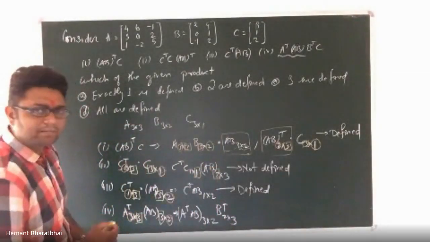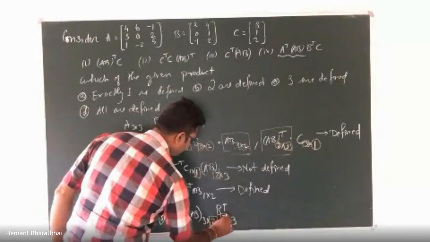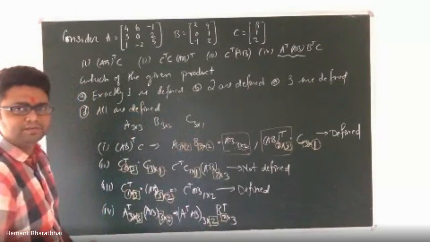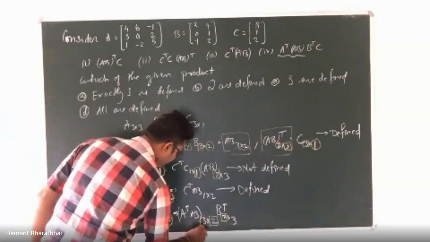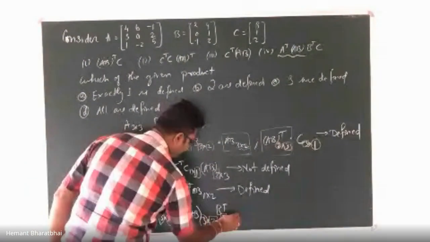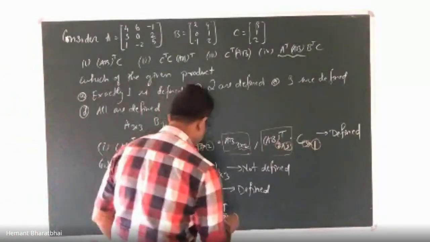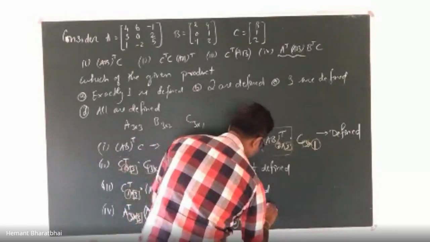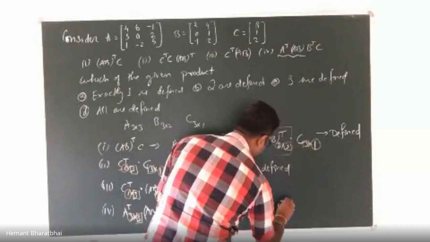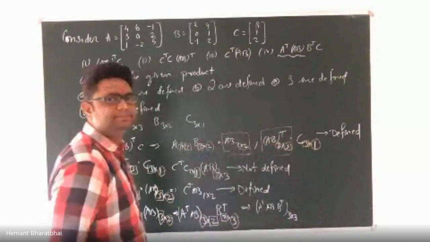So the number of columns of first should be equal to number of rows of second. Yes, here also 2, here also 2. So the resultant matrix will have an order of 3 by 3. So this product A transpose into AB into B transpose will have an order of 3 by 3.